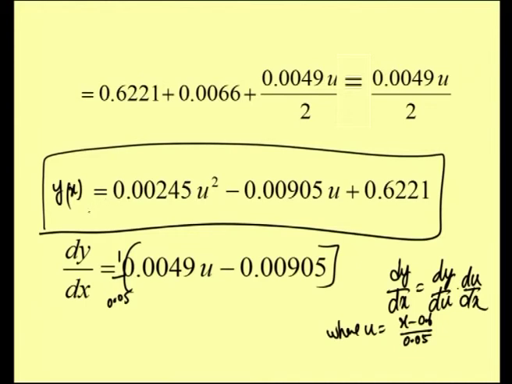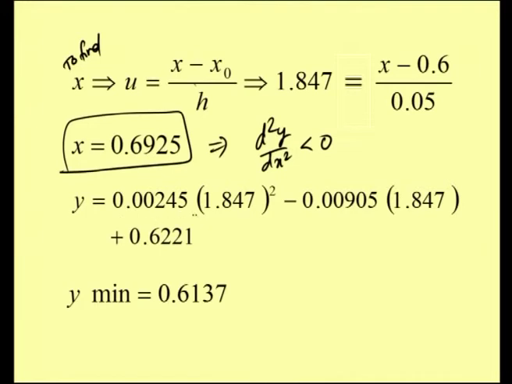So, instead of substituting the x value in y, we directly substitute the u value of 1.847: 0.00245 into 1.847 whole square, minus 0.00905 into 1.847, plus 0.6221. So, the minimum value of y is 0.6137, and it happens at x equal to 0.6925.